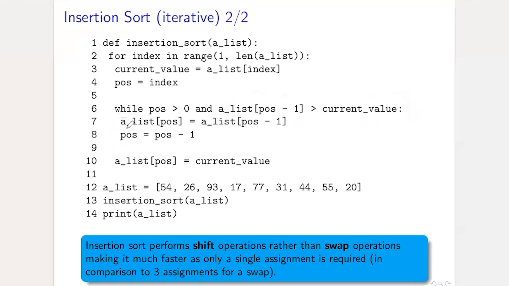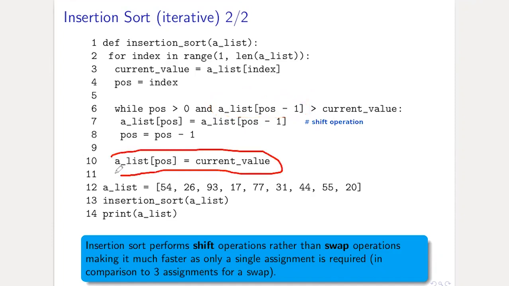What happens here is actually a shift operation. So if I were to put a comment here, this is the shift operation. Because you find that this particular item at position pos-1 is greater than the current value, which means you have to make this value the current value, which is what you are doing here.